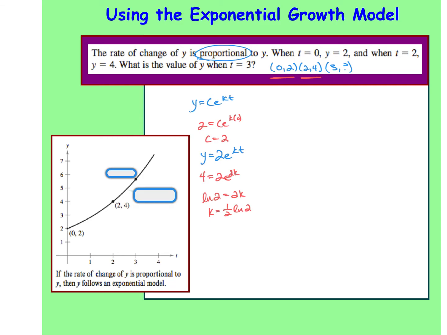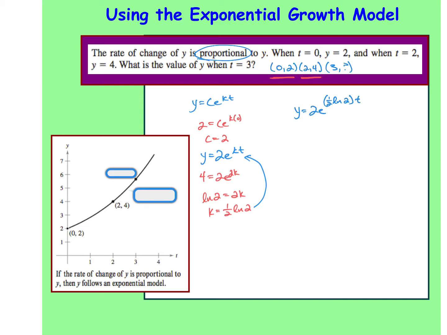All right. So now what do I do with that? Substitute it back in. So now I end up with y is equal to 2e to the 1/2 natural log of 2 times t. Well, I'm almost there. What do I need to find?